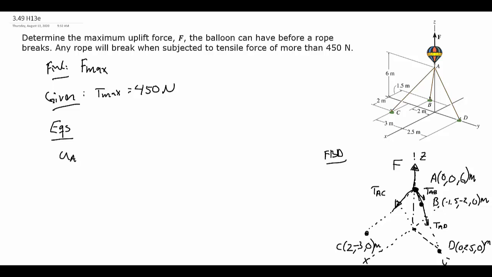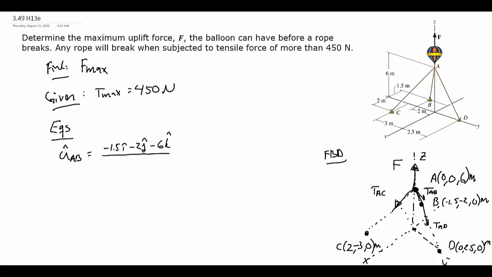So we can find U hat AB. It's pointing the same direction as our force from A to B, so it's going to be the coordinates of B minus those of A. So B is going to be negative 1.5 minus 0, so negative 1.5i, minus 2j, minus 6k.